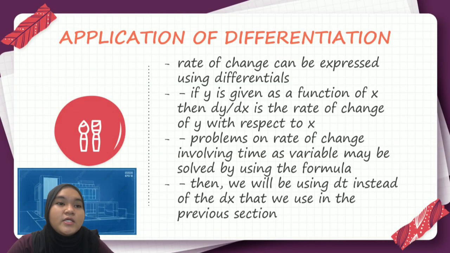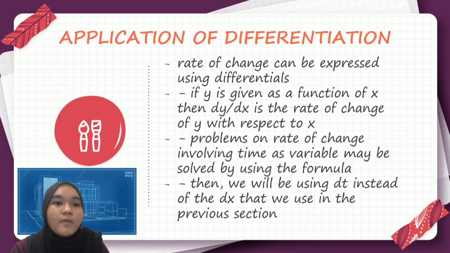Okay, the second one is applications of differentiation. I'm going to talk one by one. First point for application is that rate of change can be expressed using differentials. The second thing is if y is given as a function of x, then dy per dx is the rate of change of y with respect to x.